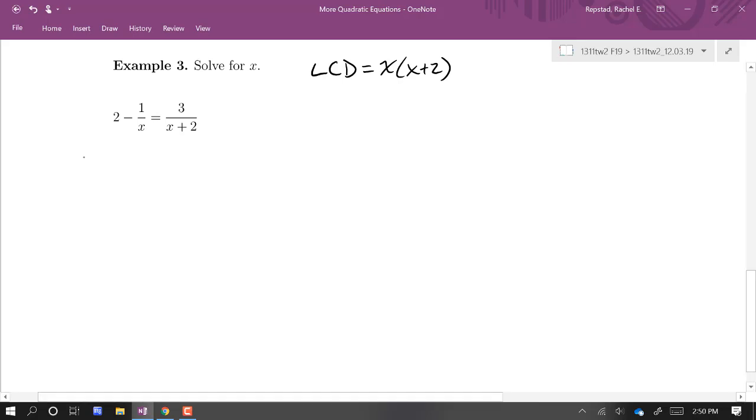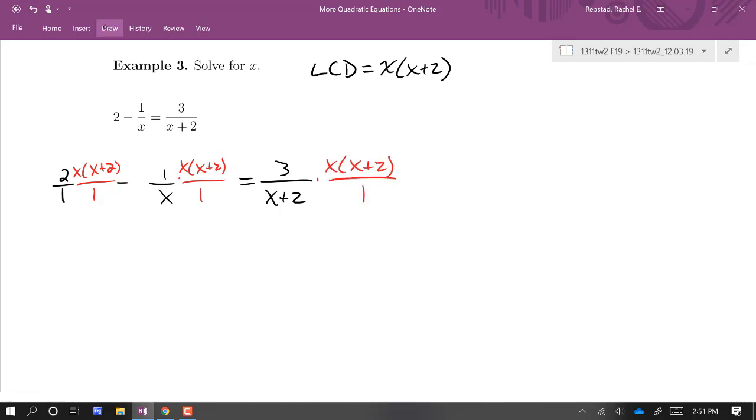Multiply each by the LCD. I'm going to leave myself a little bit of space. And then multiply. So we got some canceling we can do here.